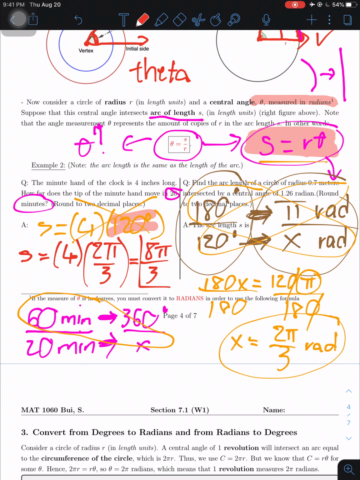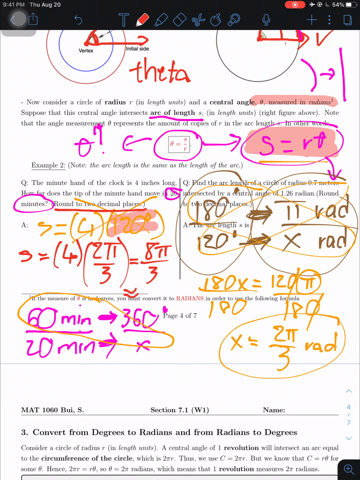It could have been the final answer. However, if you look back at the problem, it tells you to round the answer to 2 decimal places, right? So let me take out the box because this is not the final answer anymore. You have to input into the calculator and get the decimal version of this one.